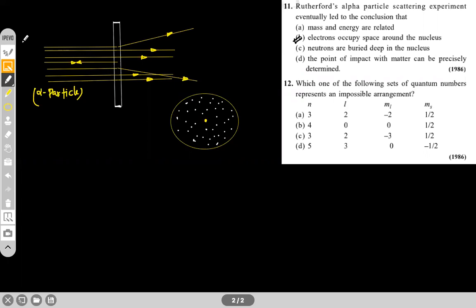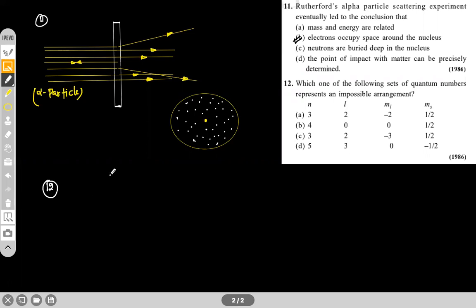So this is for question number 11. Now question number 12: which one of the following sets of quantum numbers represents an impossible arrangement?